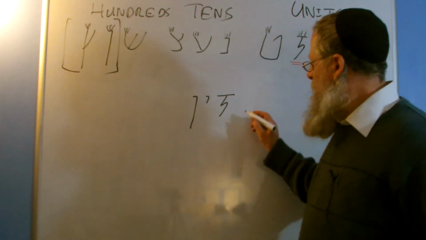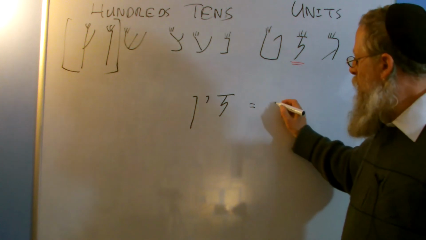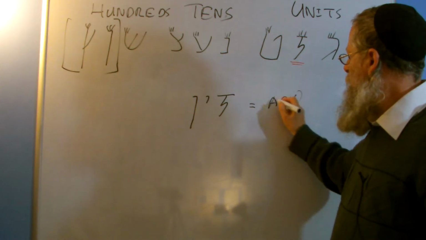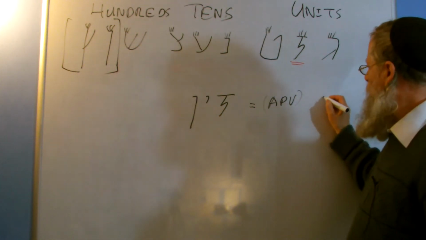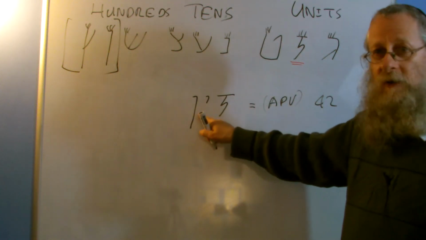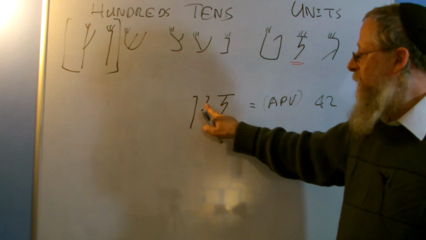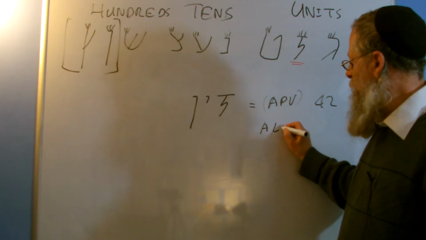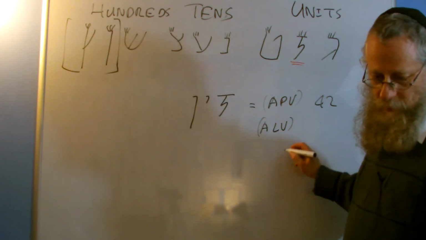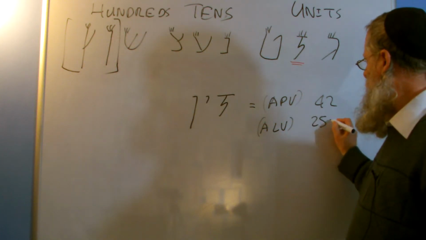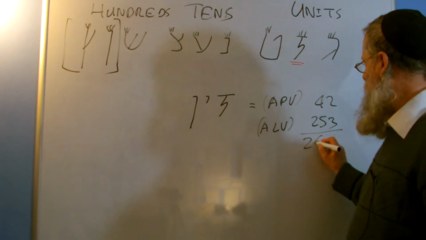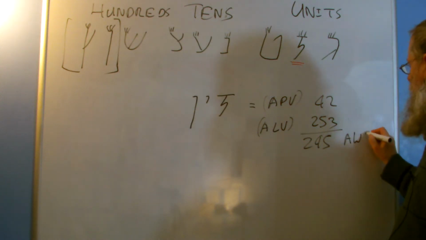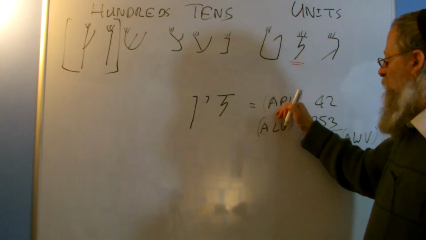If I work out the alternative placement value, it's 42: that's 25, plus 10 is 35, plus 7 is 42. And if I work out the alternative large value, I'll get 253, added together is 295.